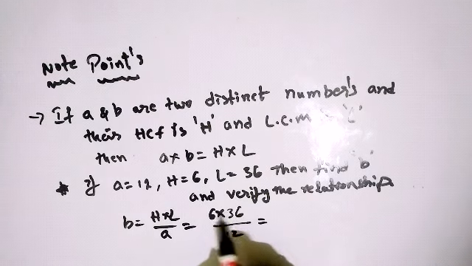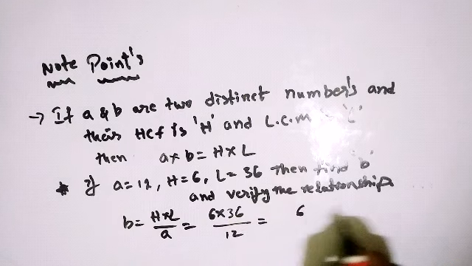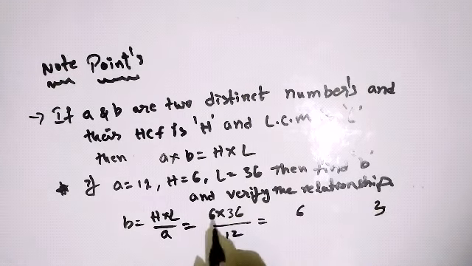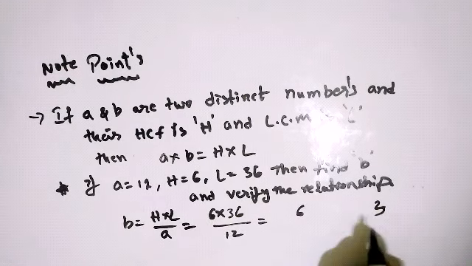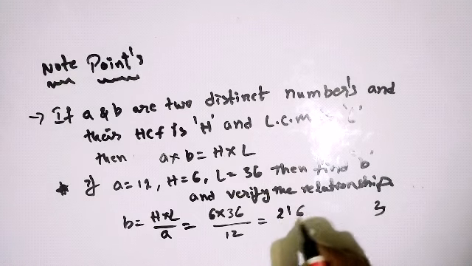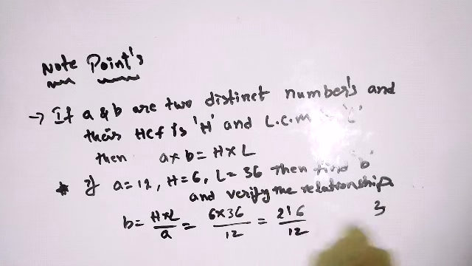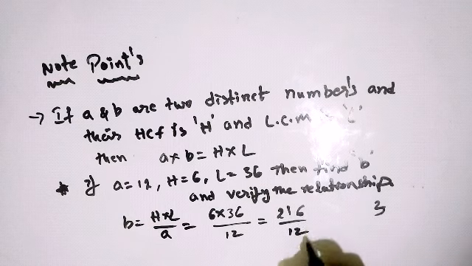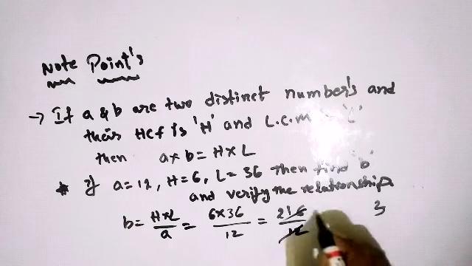Now 6 into 36: 6 sixes are 36, 6 threes are 18, plus 3 is 21. So 216 by 12 we have. By dividing these two, we get what?